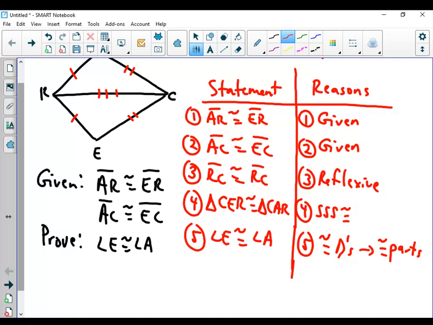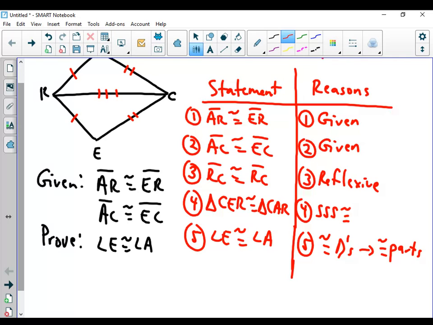Versus with a flow chart, you got a nice neat arrow that says, okay, I knew this, it told me this. Anybody else see a disadvantage? To me, that's probably the biggest disadvantage, it doesn't necessarily show our reasoning as well. But it doesn't mean that it's a bad option when we do our proofs.